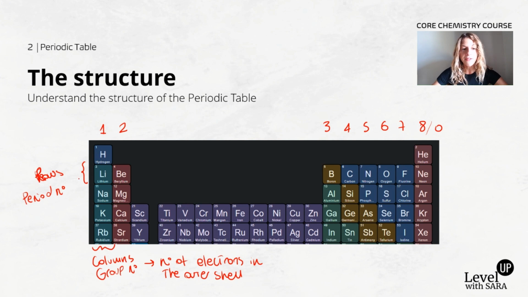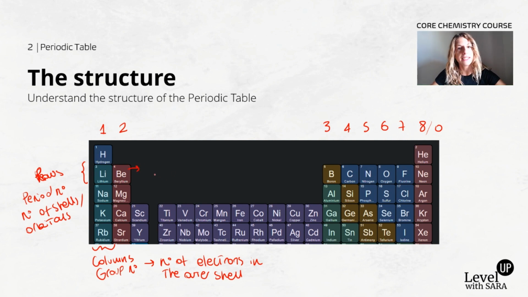While the row, the period number, tells us the number of shells or orbitals present in that element.